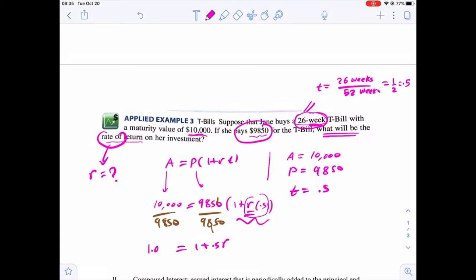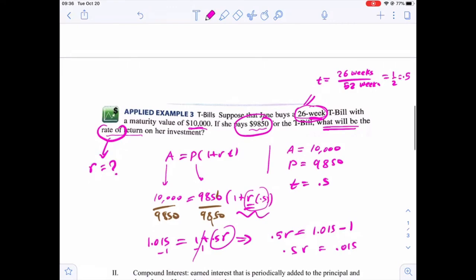So this is 1.015. And then you subtract 1. So we get 0.5 R equals 1.015 minus 1, which is 0.015, and then you use the calculator to find R.